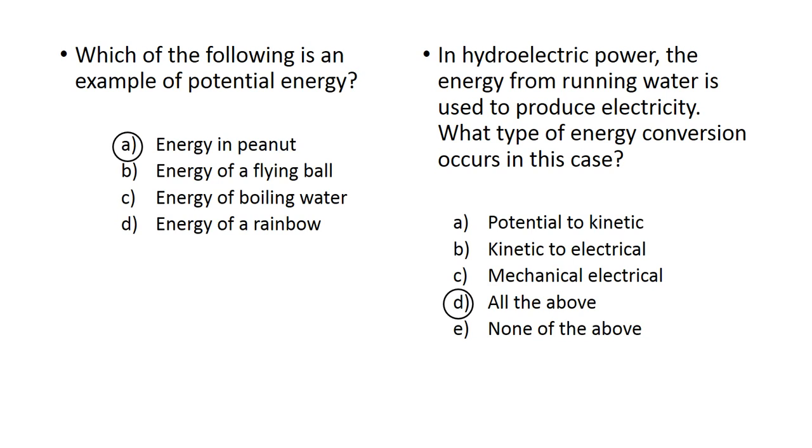We have kinetic energy because the water now starts running downhill. And then we have mechanical energy where we have this turbine. The water gets to the turbine and it turns it round and round. That's the mechanical energy. So we can see that all of the above are involved in the transformation of energy in hydroelectric power.